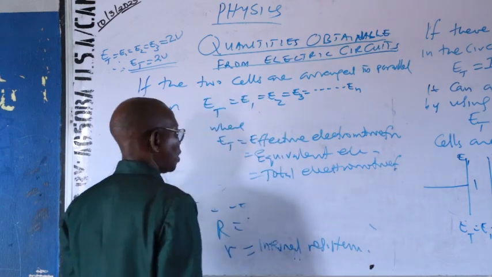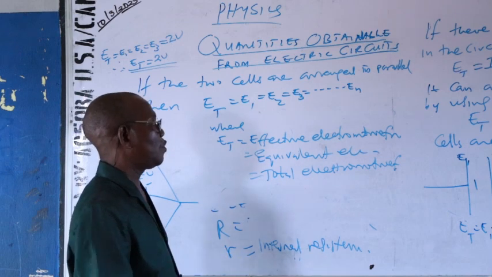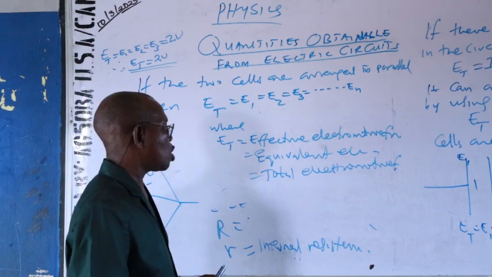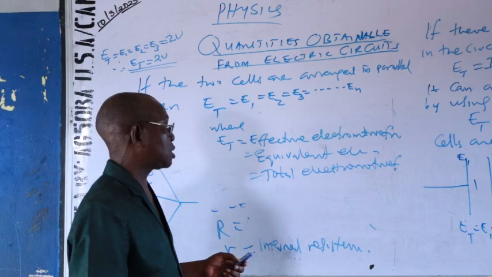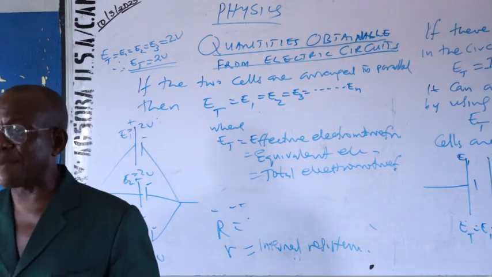So these are names you can give. If the examiner says calculate the effective, or equivalent, or total electromotive force, they may not say electromotive force fully, they will just say EMF.